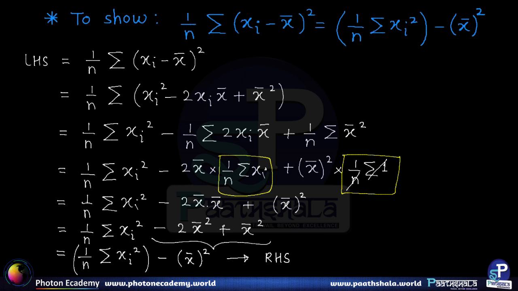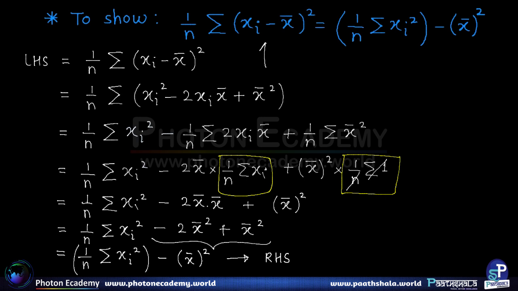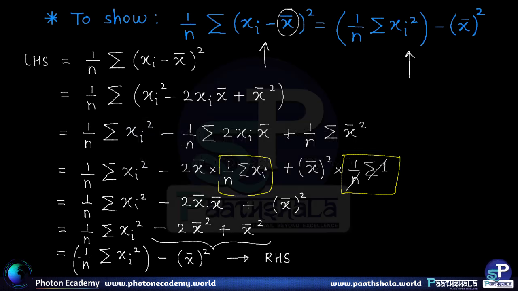Now it is important to understand in which situation we use the form on the left hand side or the form on the right hand side. That is, how do we know which form to use? Because both of them are going to give us the same final answer. The answer to that is, if the value of x bar is a simple term, say a round figure, then we can go ahead with subtracting it from every observation, that is xi, and then doing the square.